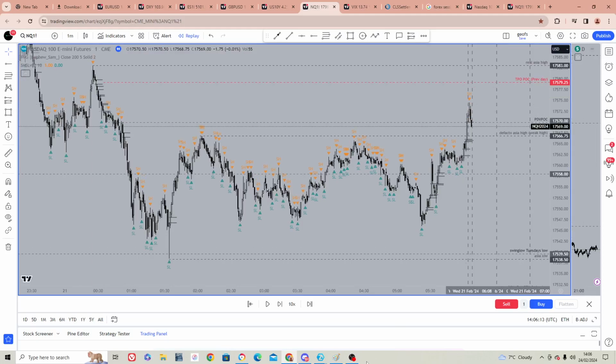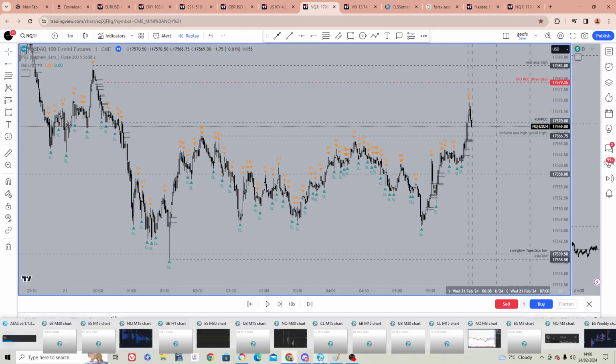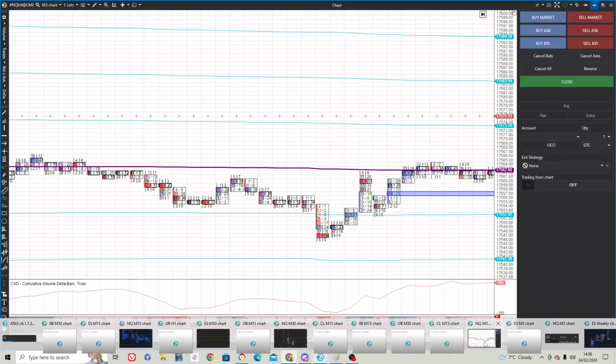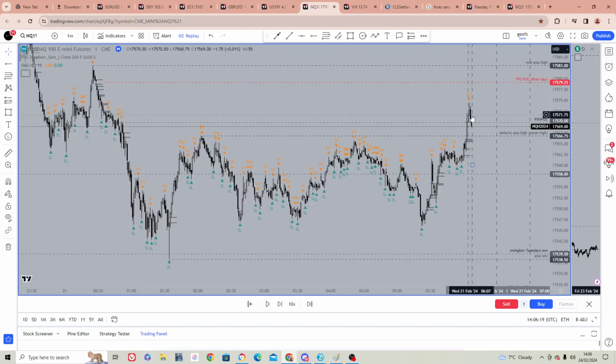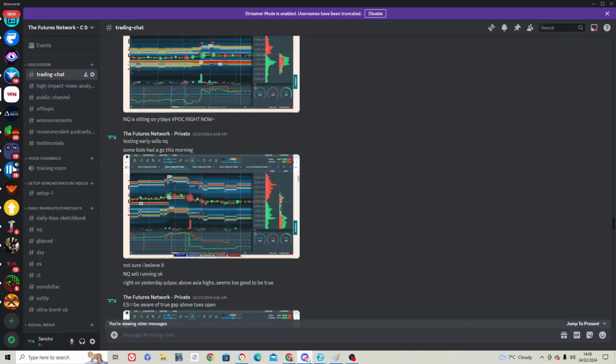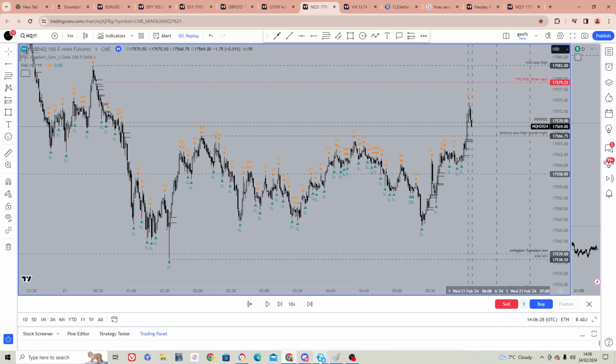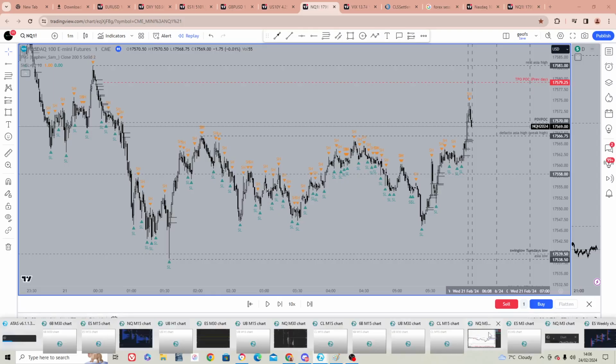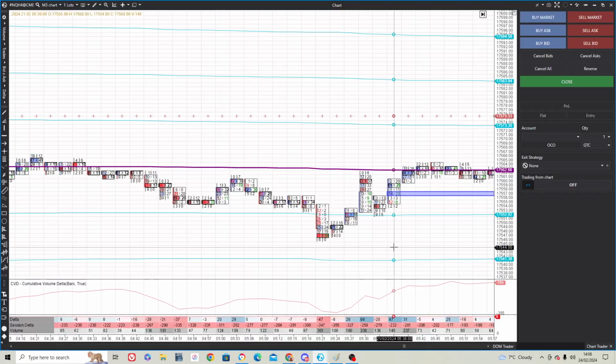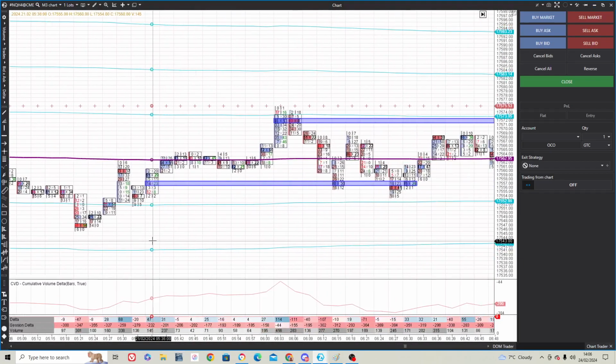So let's see on Footprint what that looks like. So at the time, 608-ish. I think that's what I said. Yep, 608. Okay, so this is the situation.